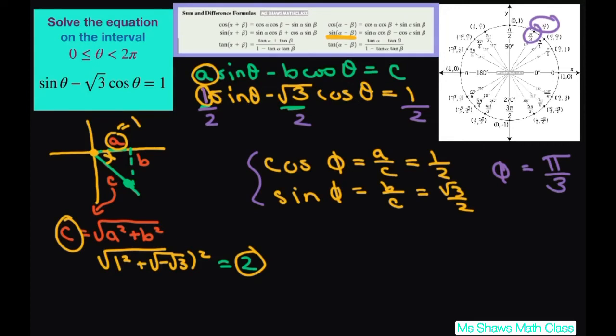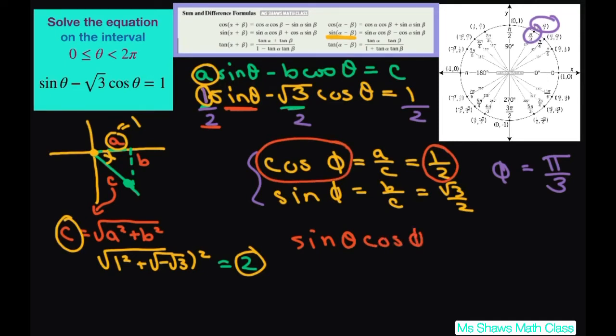All right. Now, looking back at our original formula, we have sine of theta. Then we have this 1/2. Well, 1/2 is cosine of phi. So write cosine of phi. Then we have minus cosine of theta, and then square root of 3 over 2 is sine of phi.